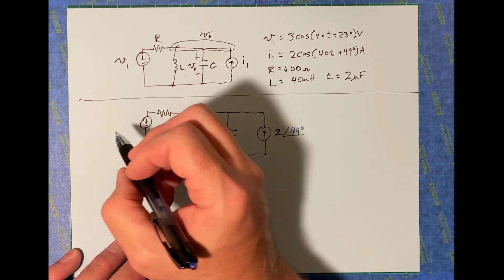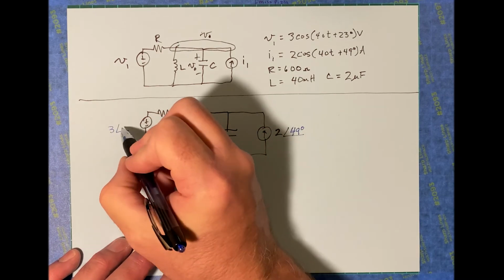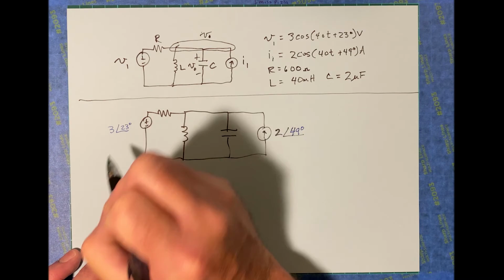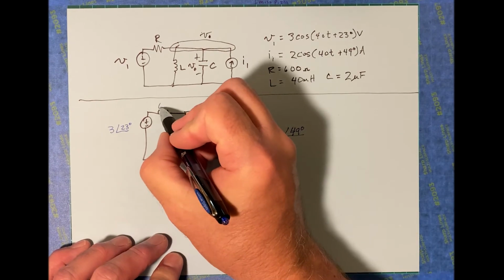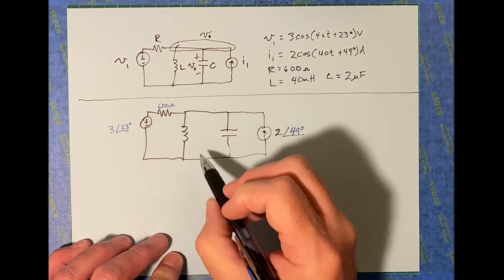And this one is going to be 3 angle 23 degrees, like that. The R is still going to be 600 ohms.